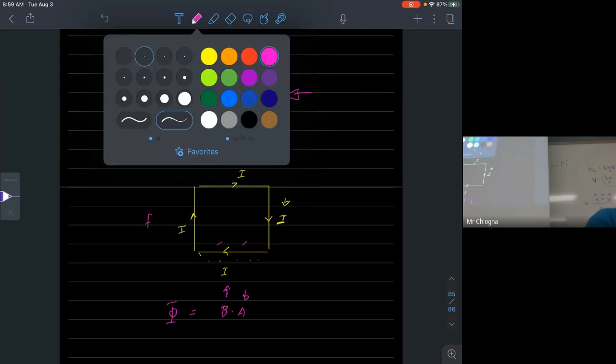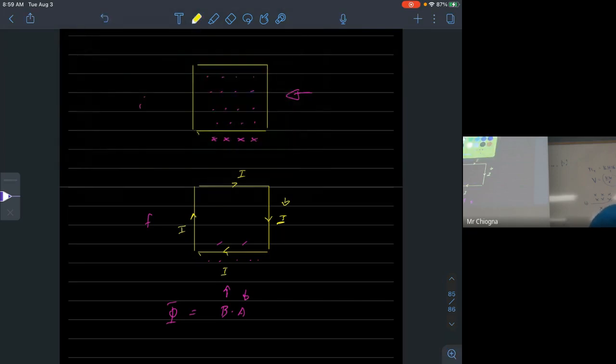Let's take a look at the cross section of the wire. If I were to turn this wire towards you, cut through it, like water, if there was a magnetic field, it would look like this. So let's take that wire.